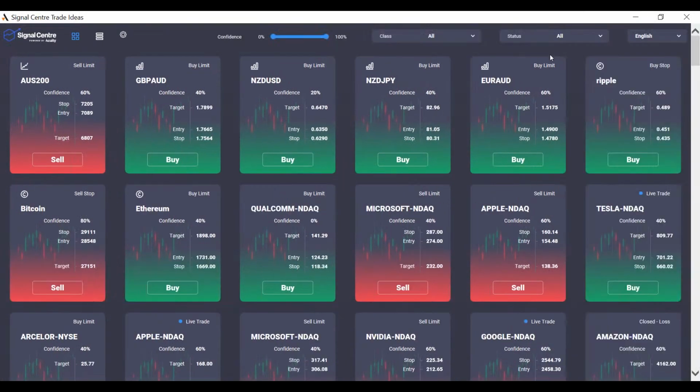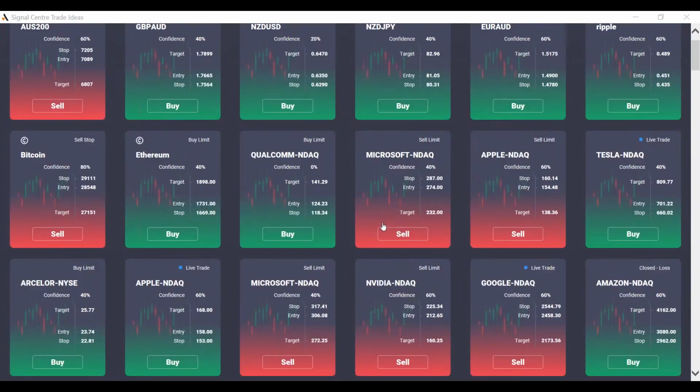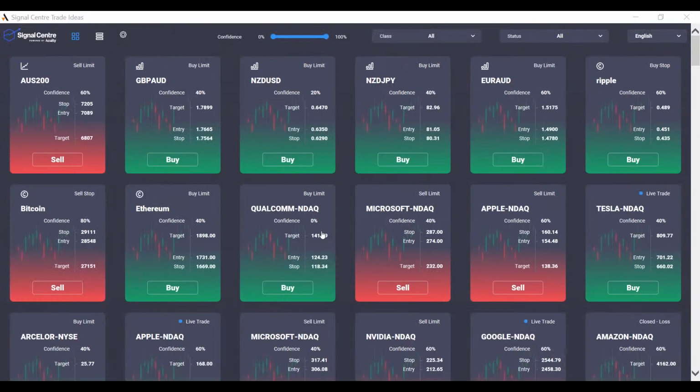What you see here on your page is a list of trade ideas that is generated every day. These trade ideas range across various asset classes, from Forex to commodities, to energy, and even to stock CFDs.